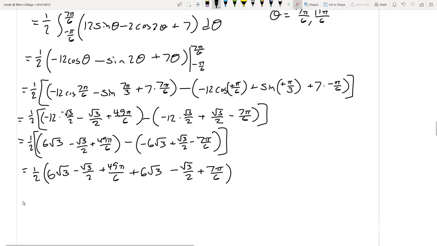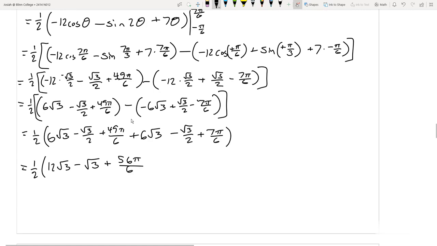All right, and so we'll combine like terms here. We've got 1/2 times 12 root 3, and these negatives turn into a minus root 3, and then plus 56 pi over 6. All right, and then let's see, we've got 11 root 3 plus 56 pi over 6.